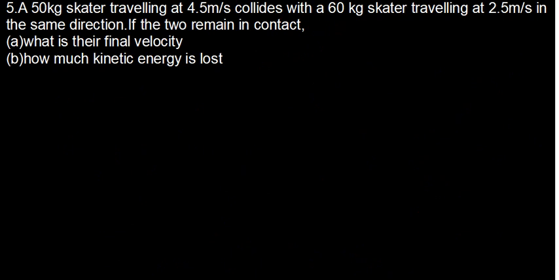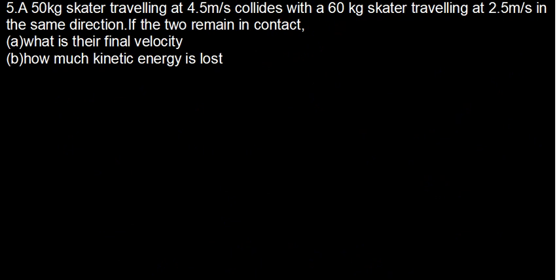Another question given: a 50 kg skater traveling at 4.5 meters per second collides with a 60 kg skater traveling at 2.5 meters per second in the same direction. If the two remain in contact, in other words they stick, what will be their final velocity?